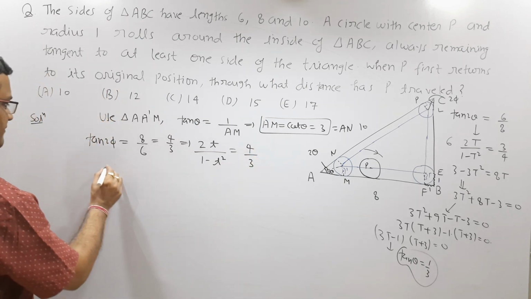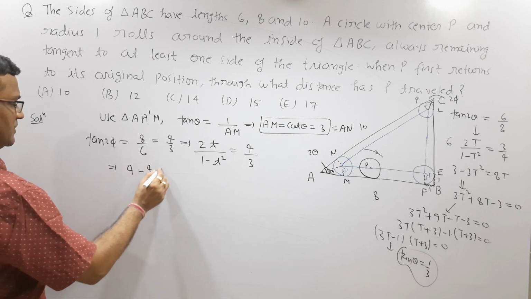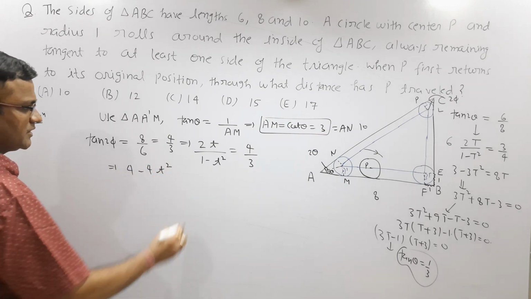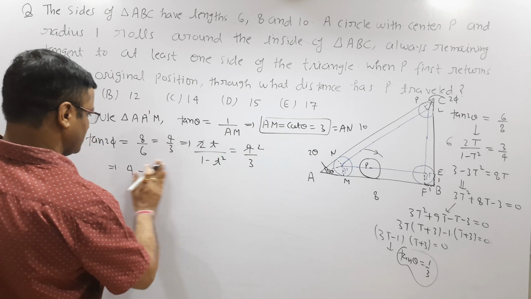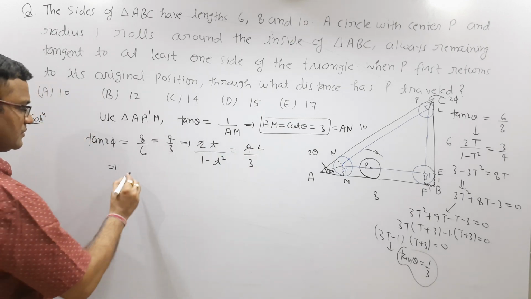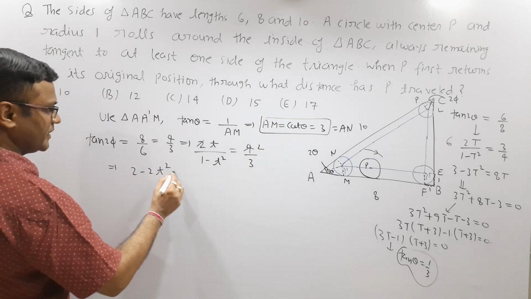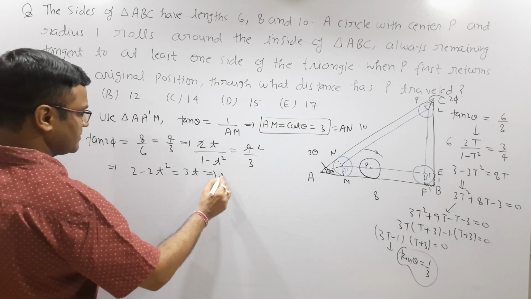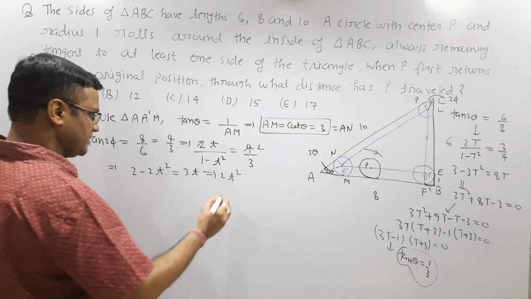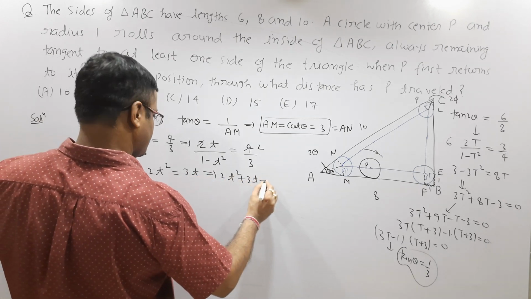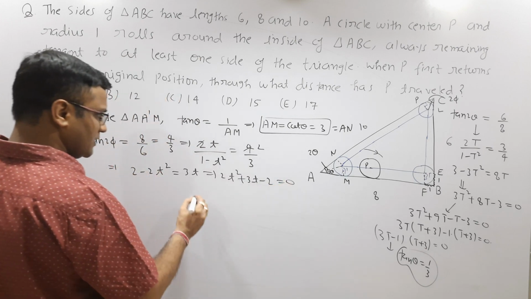Okay, so here we can write 4 minus 4t square, it is better to cancel 2 from the 4, so we can write 2 minus 2t square equals 3t. This will imply 2t square plus 3t minus 2 equals 0. So what are the factors?